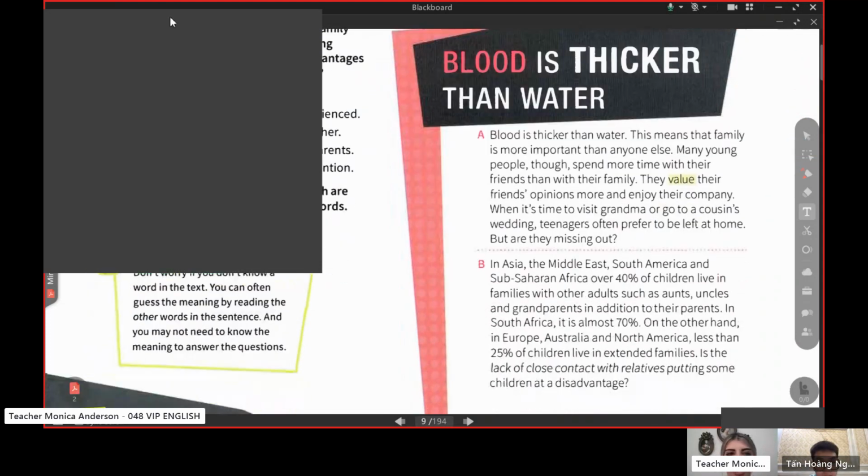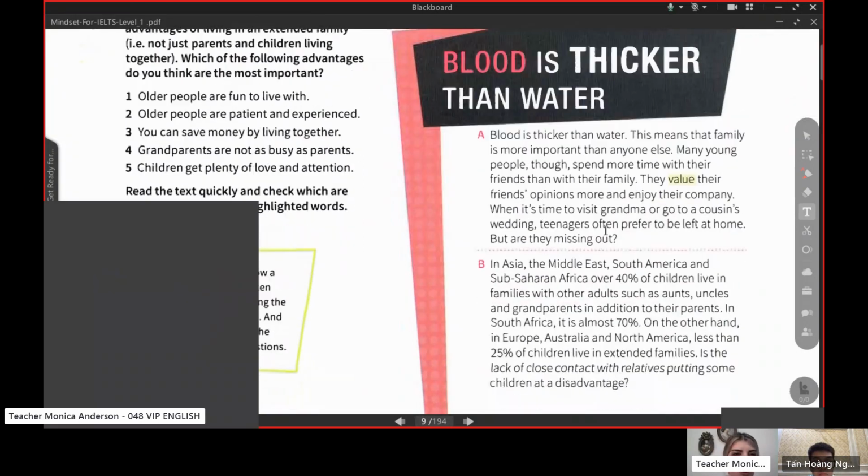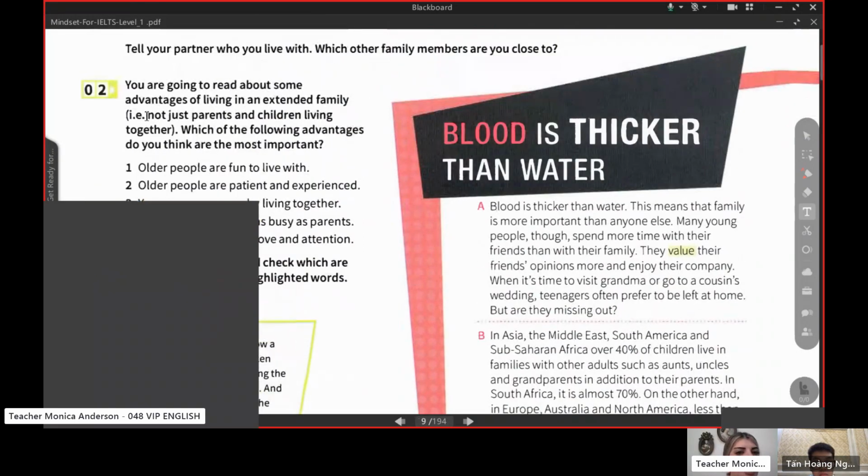I want to read this part. You're going to read about advantages of living in an extended family. Now let's talk about extended family. What does it mean?